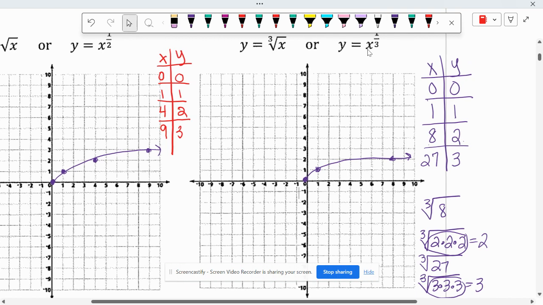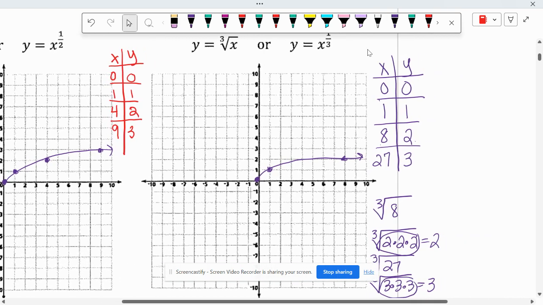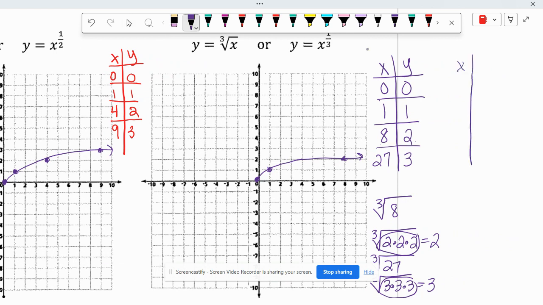But I think I can take the cube root of negative numbers. Like, what about -1 and -8? What's the cube root of -1? -1 was made by taking -1 times -1 times -1, right?